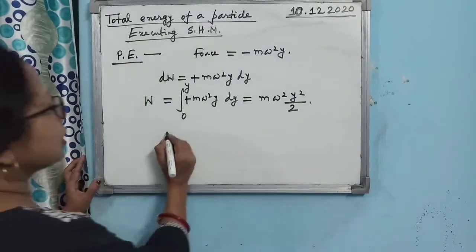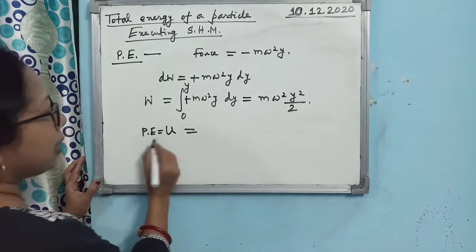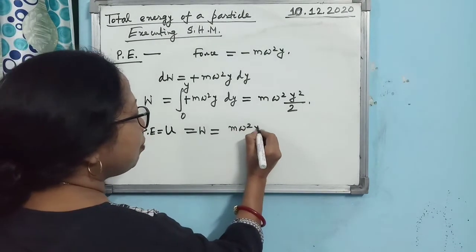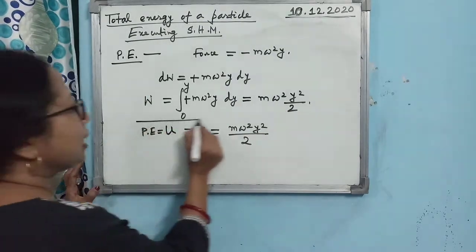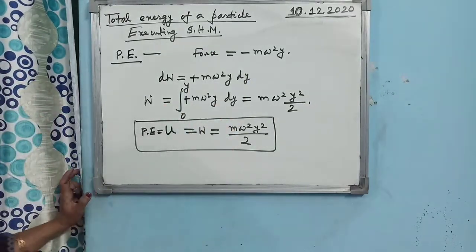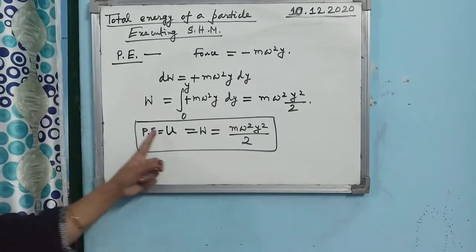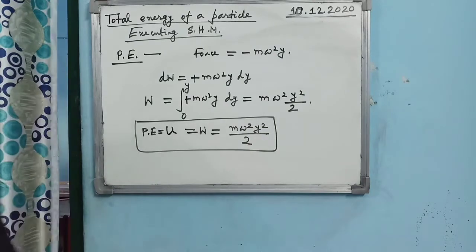So what is the potential energy? Potential energy U is equal to work done, which is m omega square y square by 2. This is the relation you have to remember. This derivation you may not remember. Remember that the potential energy of a particle executing SHM is given by m omega square y square by 2.